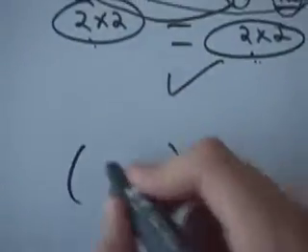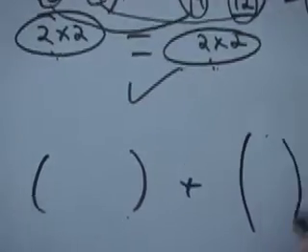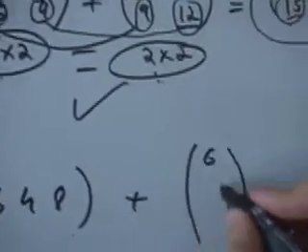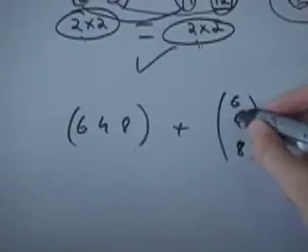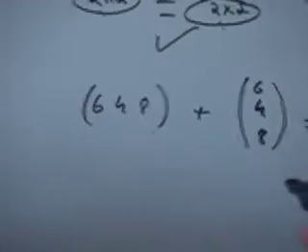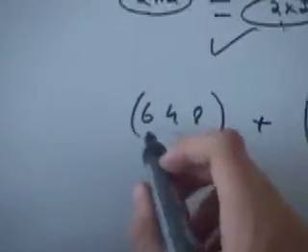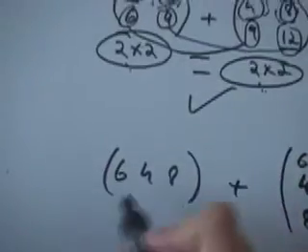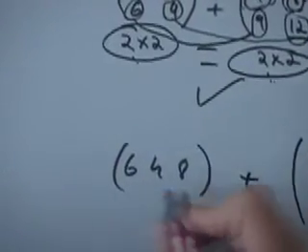Now let's try this question. I've gotten this type of question before in a test and it really annoyed me. What's the first thing you do? You check to see if the orders are the same. What's the order of this one? What kind of matrix is this? We learned it in the last module.